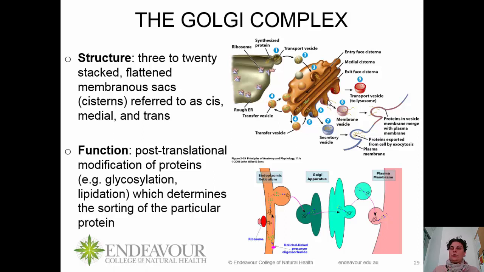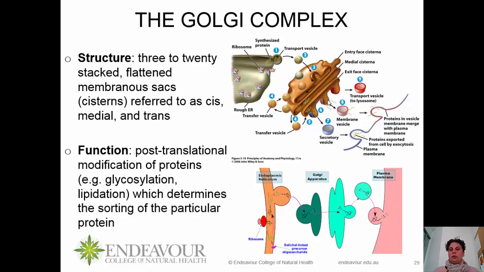What I want you to imagine is flattened sacs sitting on top of each other. There's at least 3 of them. There can be up to 20 depending on the cell type. They're referred to as cis, medial, and trans.